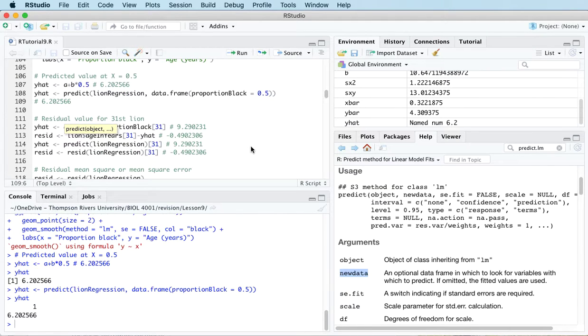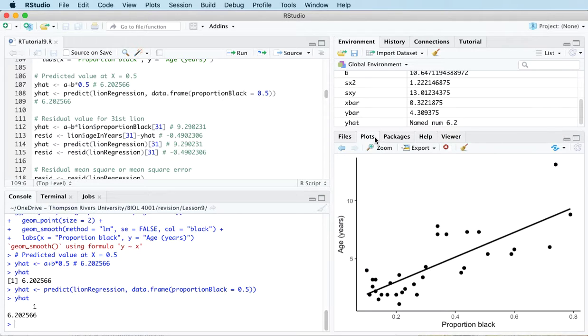So that's a prediction, and we can look at the graph to make sure that it makes sense. We're predicting at x equal 0.5. So if I go up to the regression line at 0.5 and then across to the age axis, apparently that value is 6.202566 according to the prediction that we just made. So that seems to fit with what the graph looks like.